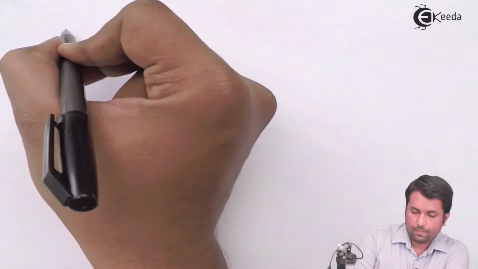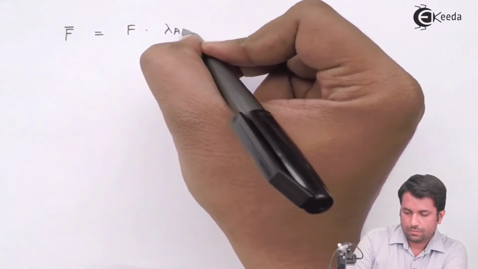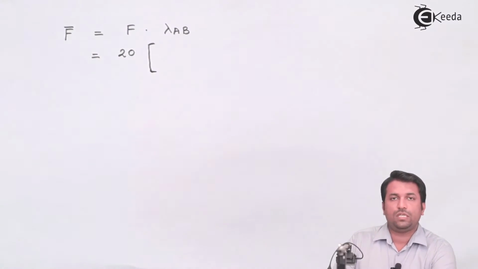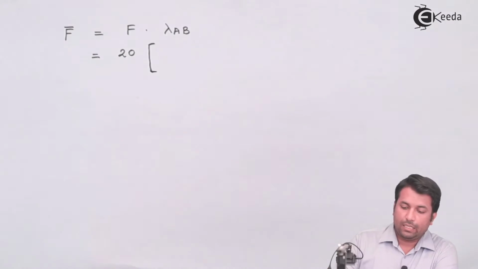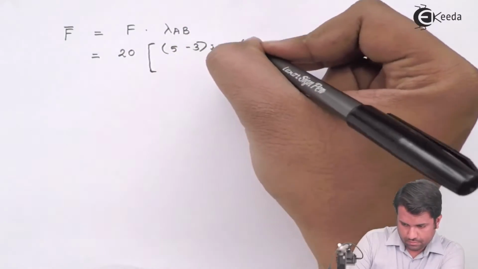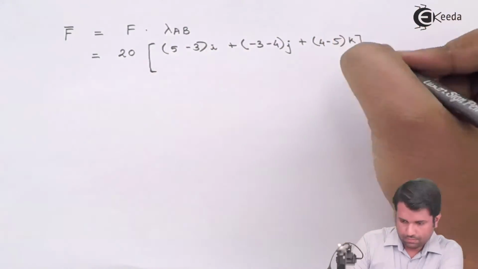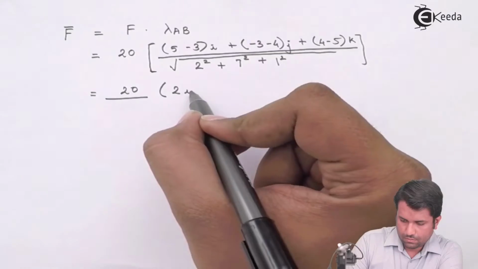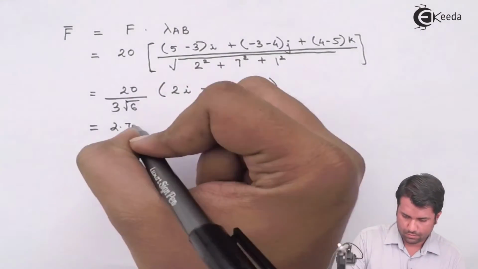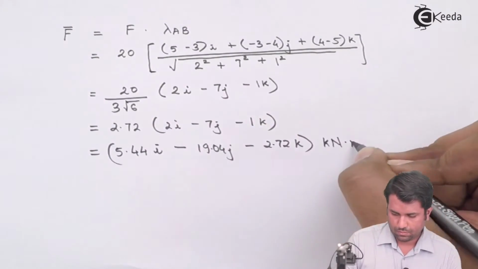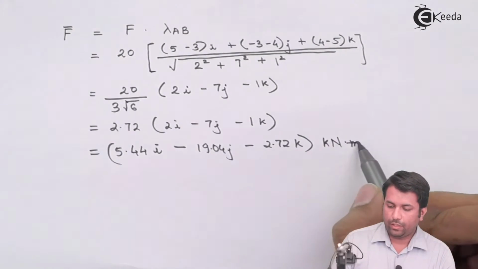So the first step being finding the force vector. As the force is passing from A to B, the unit vector will be B minus A. This should be kilonewtons.